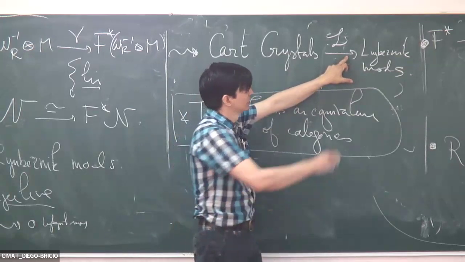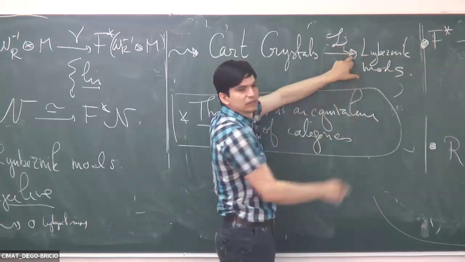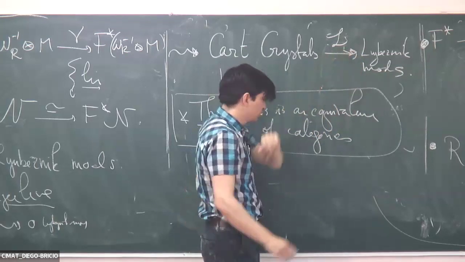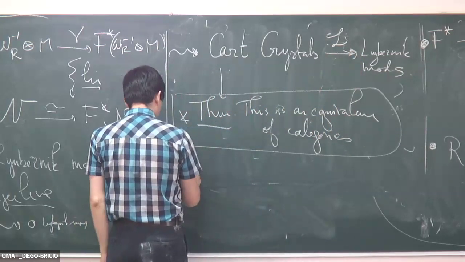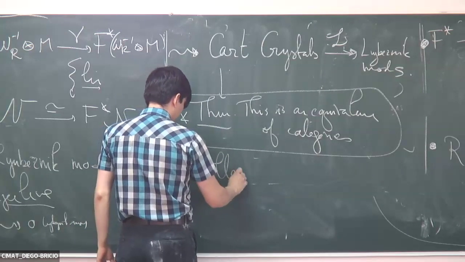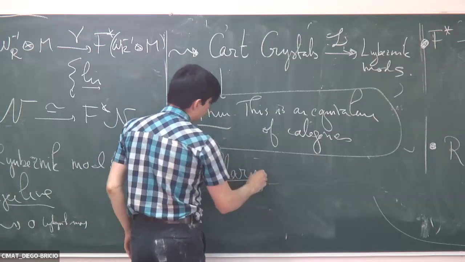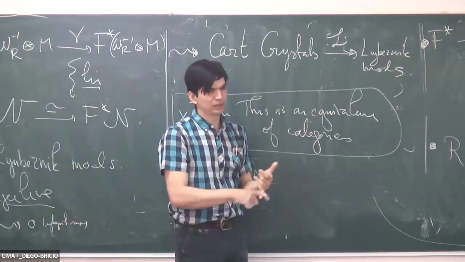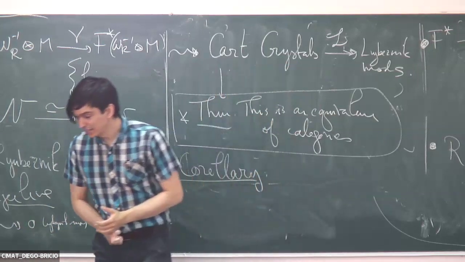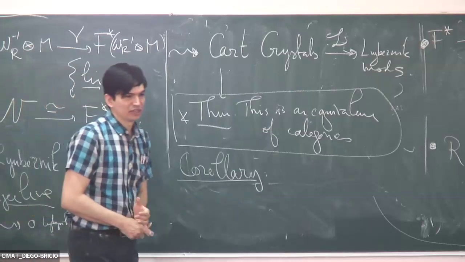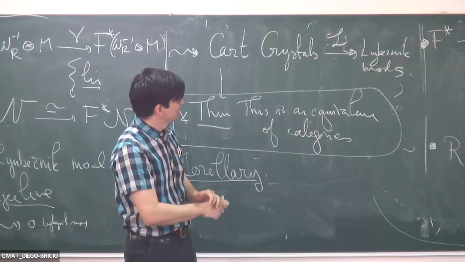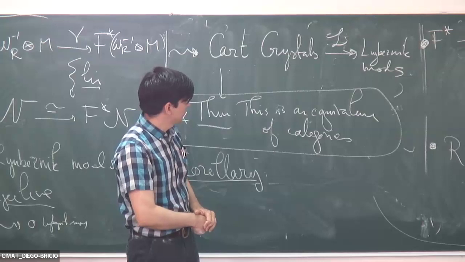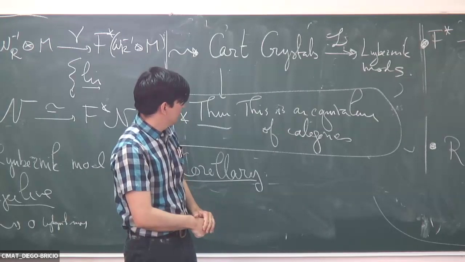So this essential surjectivity is what we need, which is the following corollary. For now, I don't want to give the details of the equivalence, first because it's going to take more time, and we're already running out of time today. Maybe at some point I'm going to add the details in the notes.